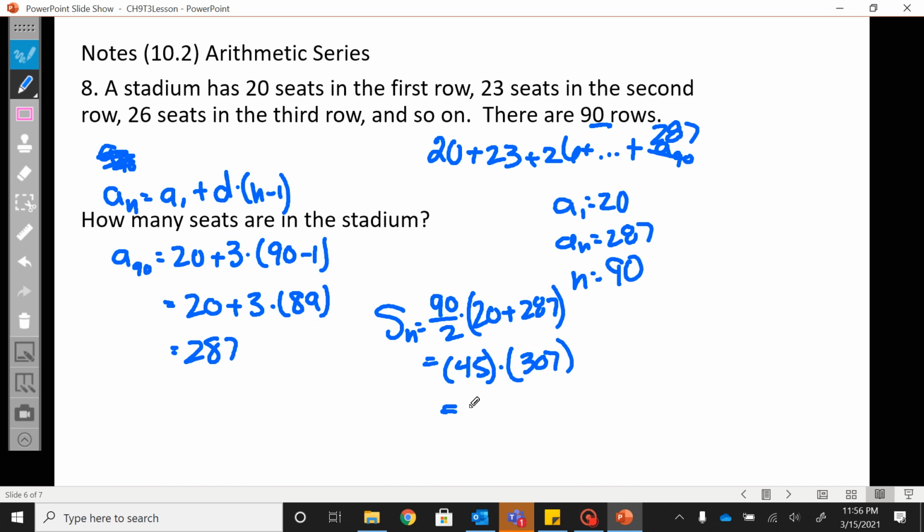And then we calculate 45 times 307, 13,815. So that's how many seats we have in the stadium. And that just represents the series.